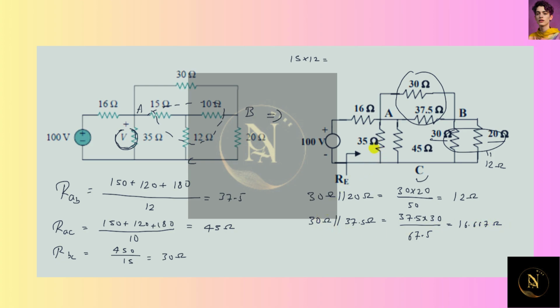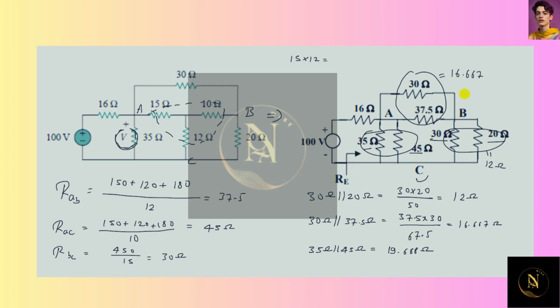And similarly 35 ohm and 45 ohm are in parallel, so their equivalent is 16.667 ohm. Now 35 ohm parallel with 45 ohm, again applying the same formula, we are getting 19.688 ohm.